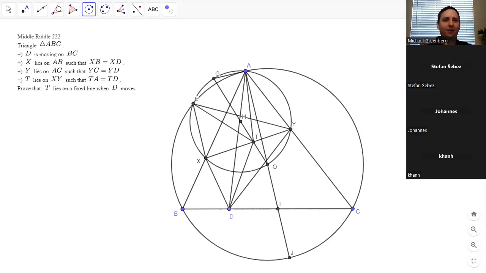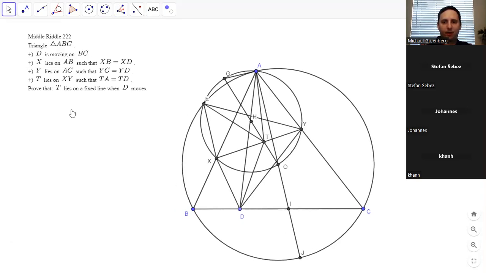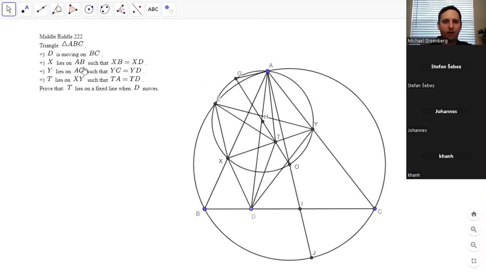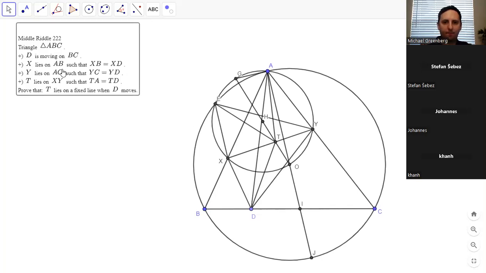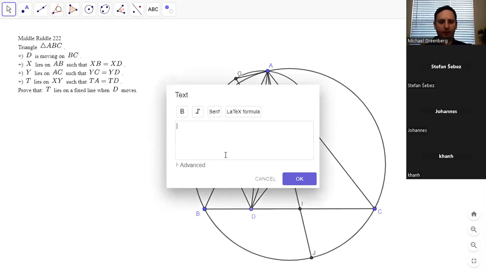All right. So I will write up the solution. Let O be the center of ABC.